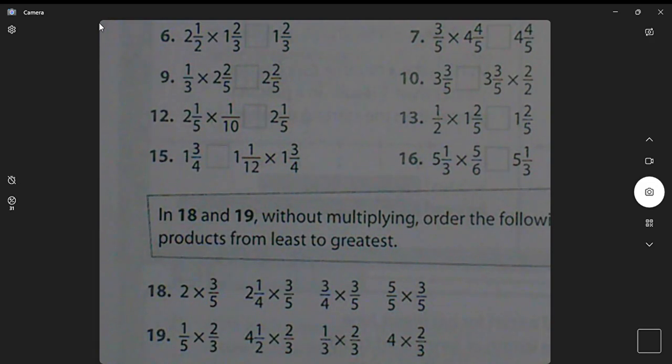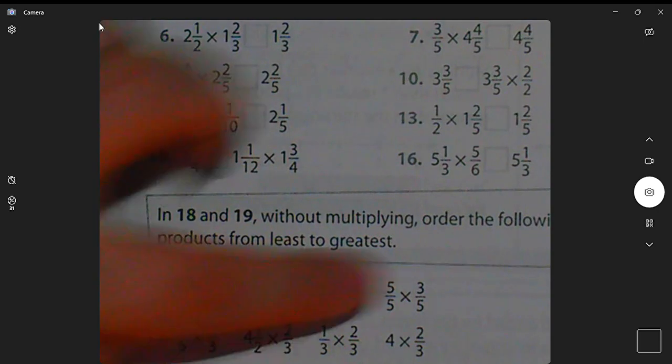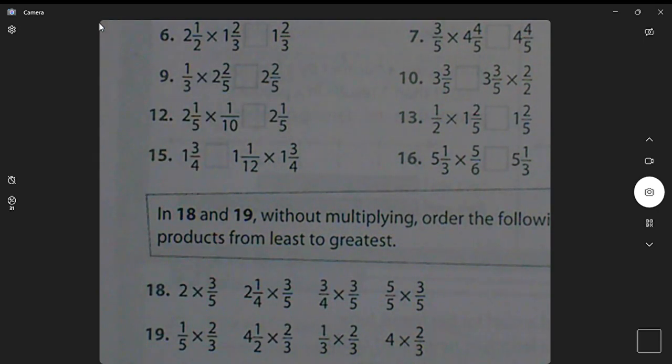What do you think my smallest fraction is going to be? 1, 2, 3, or 4? It's 3. There's no whole number attached to 3/4.